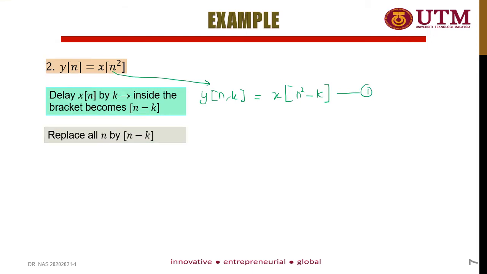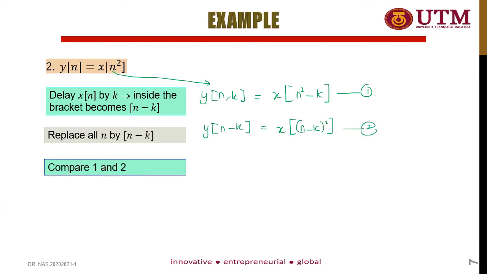Second, replace all n inside and outside the bracket by n minus k. So y(n minus k) equals x(n becomes n minus k). So this is the second equation. Third, compare both equations 1 and 2. In this case, we can notice that 1 is again not equivalent to 2. So the system is time variant.